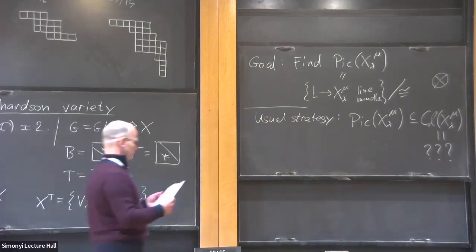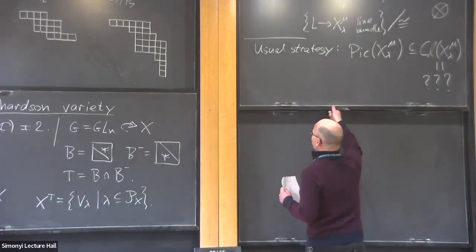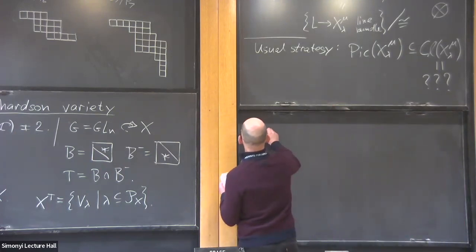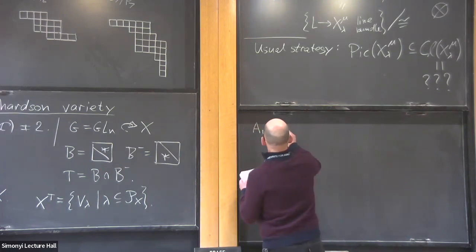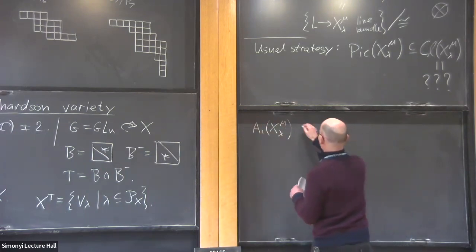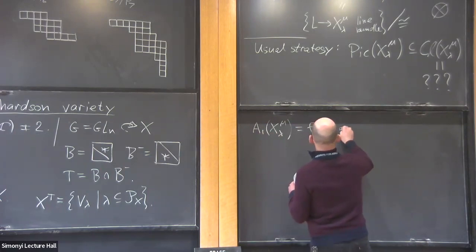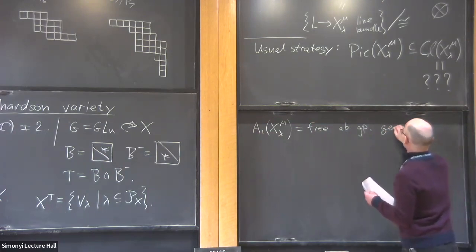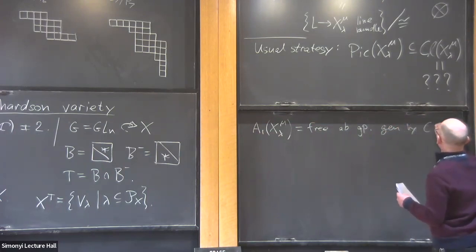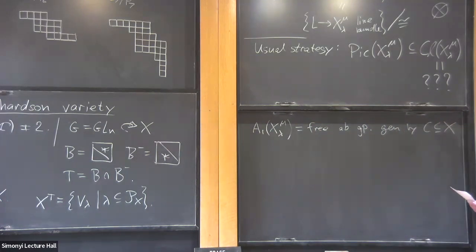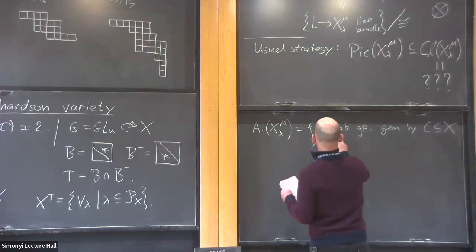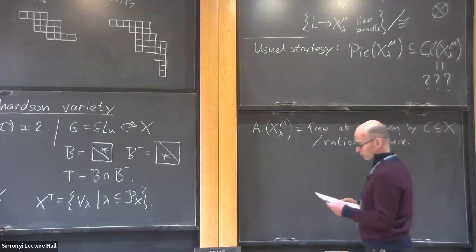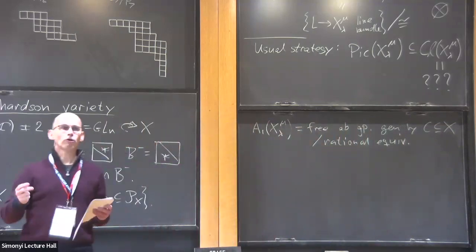So the idea to get to the Picard group instead then is to look at the first Chow group. Right, this would be the free abelian group generated by curves in X and modulo rational equivalence. And you always have a pairing.